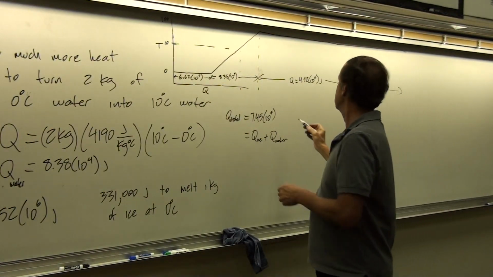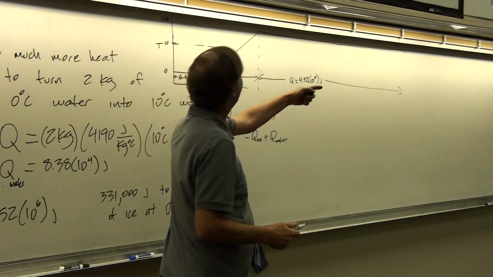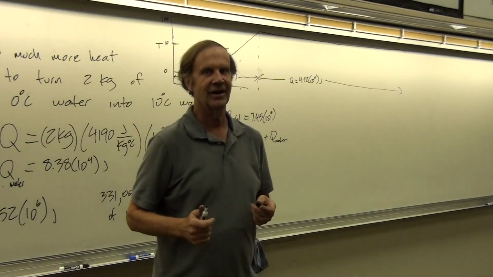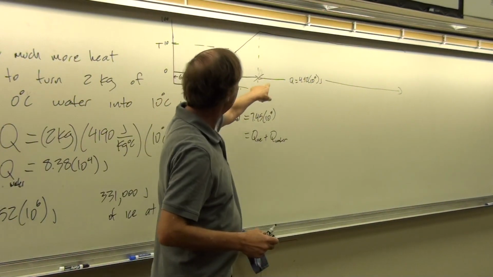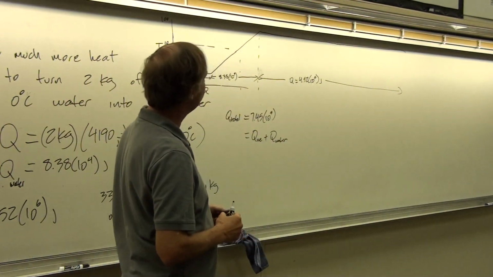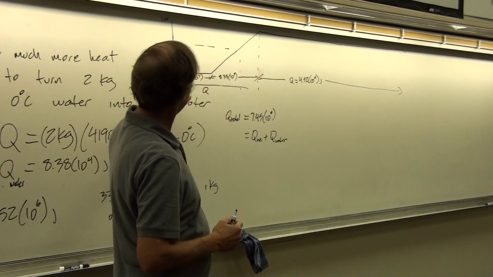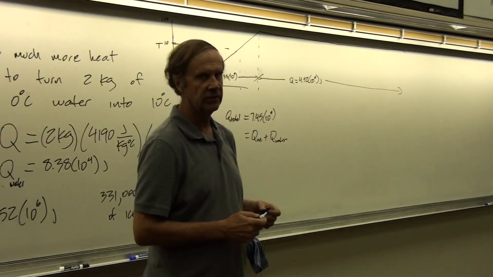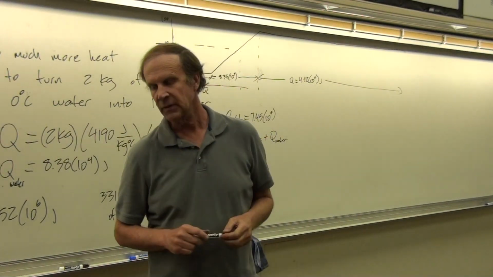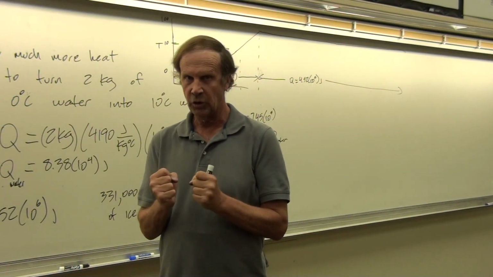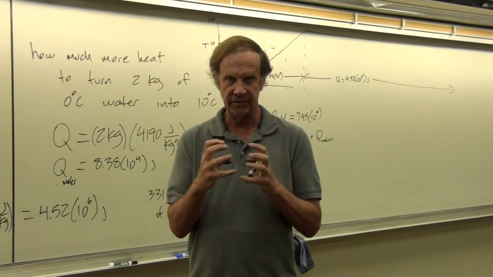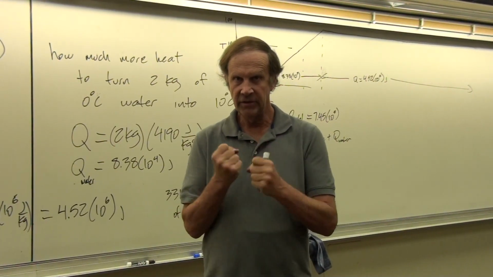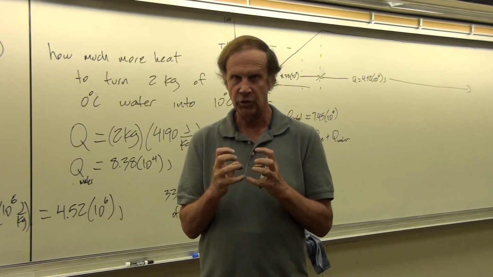And so this isn't even to scale. I would go all the way off the board if I were going to try to draw that to scale. And it takes way, way more energy to evaporate water than it does to turn it from a solid to a liquid. Why? Well, because water is a polar molecule. That means it's got a positive and a negative end that, even in the liquid state, creates a pretty strong bond.